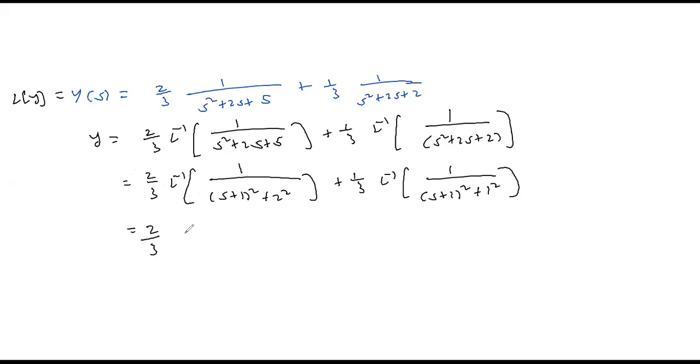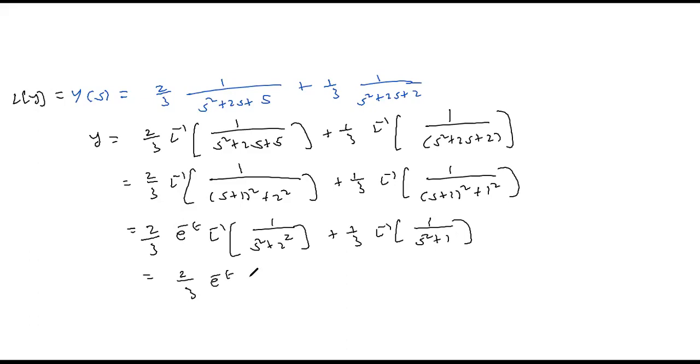So replacing s plus 1 with s, multiplying with e power minus t, L inverse of 1 by (s square plus 2 square), plus 1 by 3 L inverse of 1 by (s square plus 1 square).